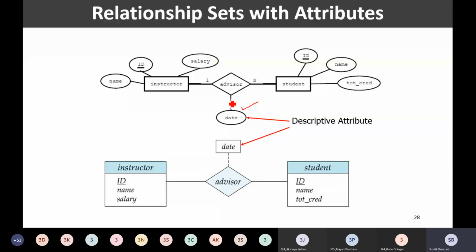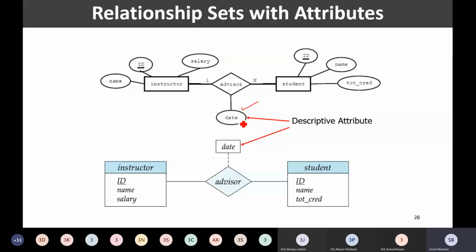So it is possible that the relationship set is having its own attributes, and here we are having date as the attribute for the advisor. So why are we using this date? We have seen this earlier also with the same example. Why do we require this date here to store along with this relationship?